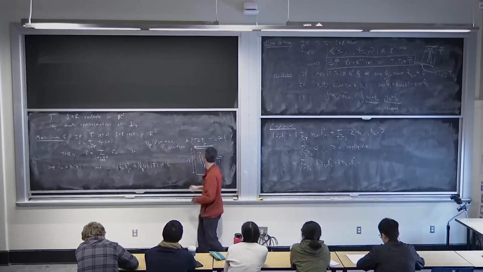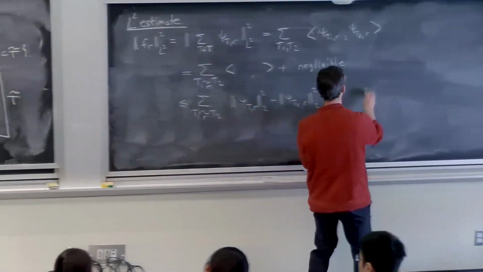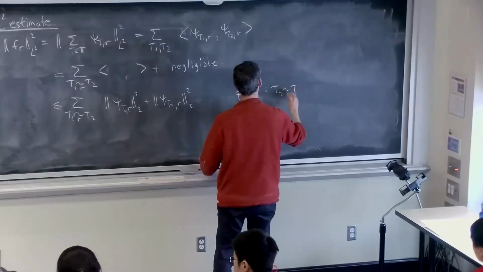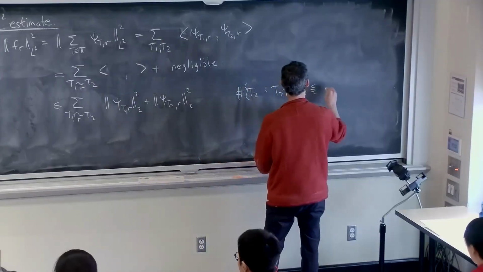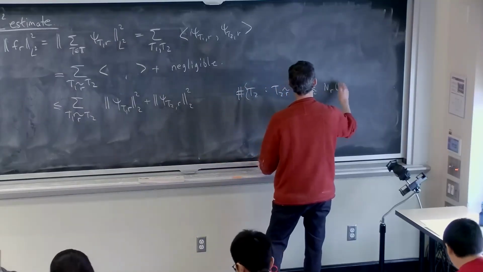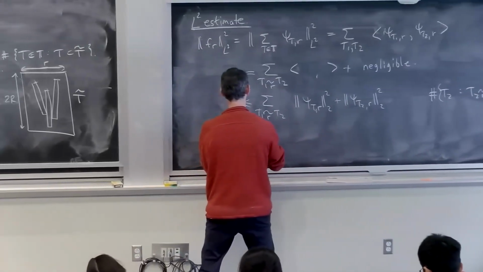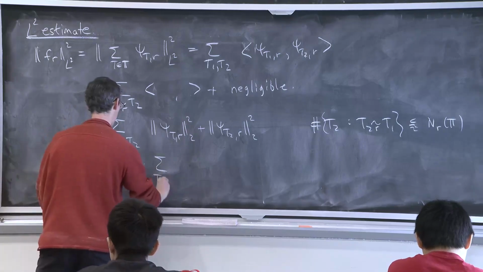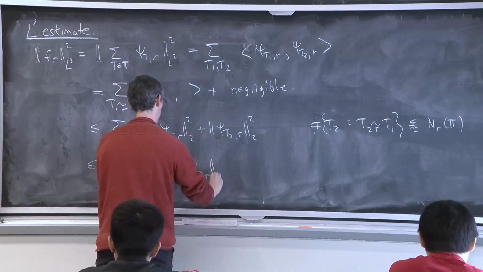So the number of T2 so that T2 is related to T1 is bounded by n sub r of t. So this whole sum is bounded by n sub r of t times just the sum over all the t of CTR L2 squared.